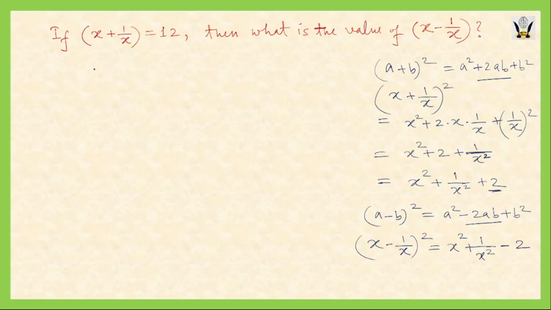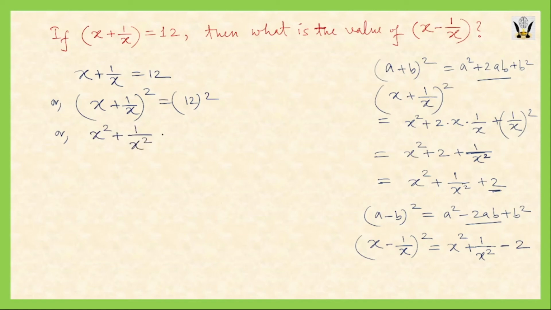Now if we go by the problem that we were solving, here it is x plus 1 by x, and that is equal to 12. So if we take the square value, it is x square plus 1 by x square, as we have seen, then plus 2ab, where a and b cancel each other, so it will be simply 2, and here it will be 144.